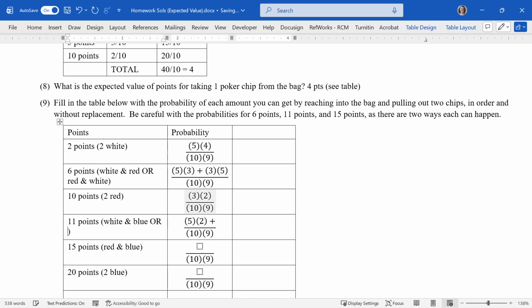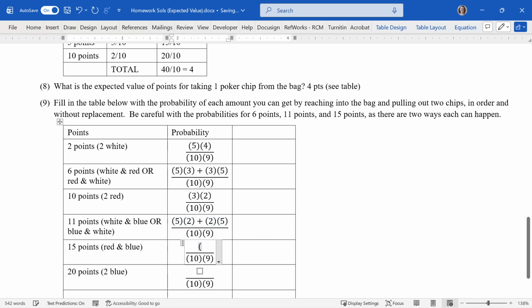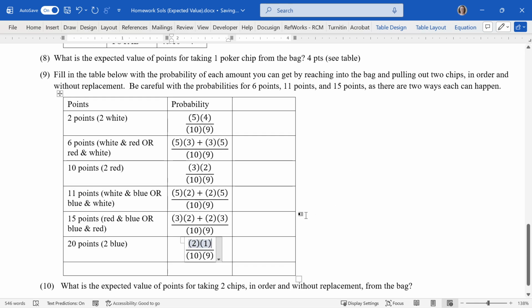But we could also do blue and white. Okay, so that will be 2 times 5. And then the same deal here. We could do red, then blue, which would be 2 times 2, or we could do blue, then red. Right, and then the last one, there's 2 choices for your first blue chip, and then there will be 1 choice for your second blue chip.